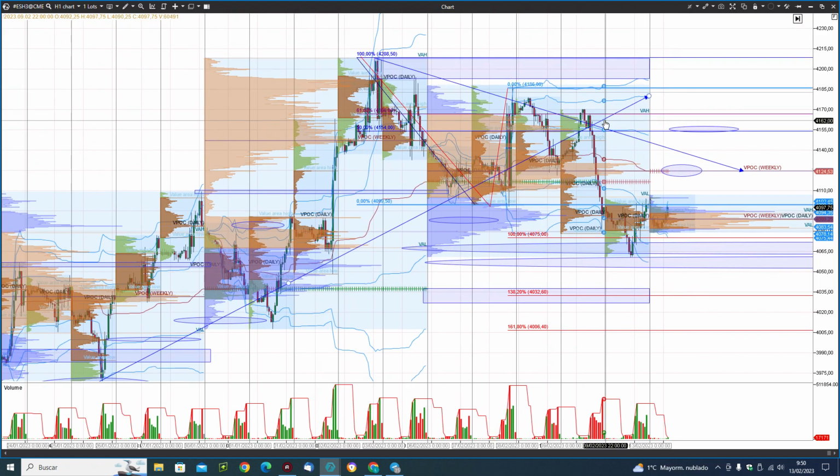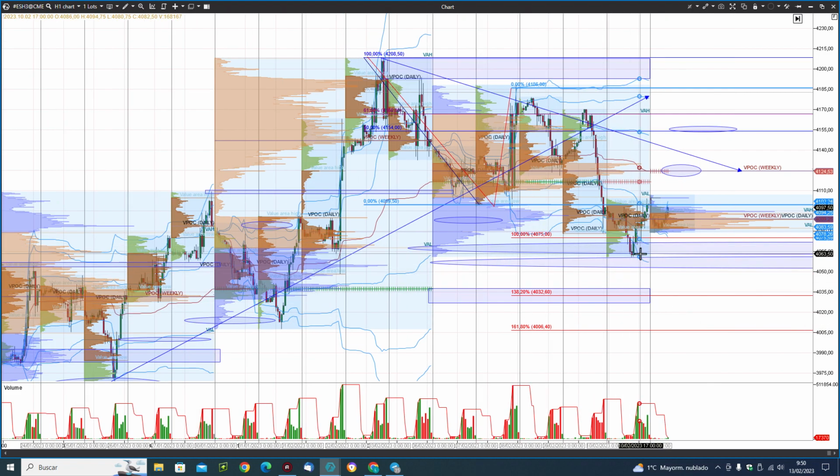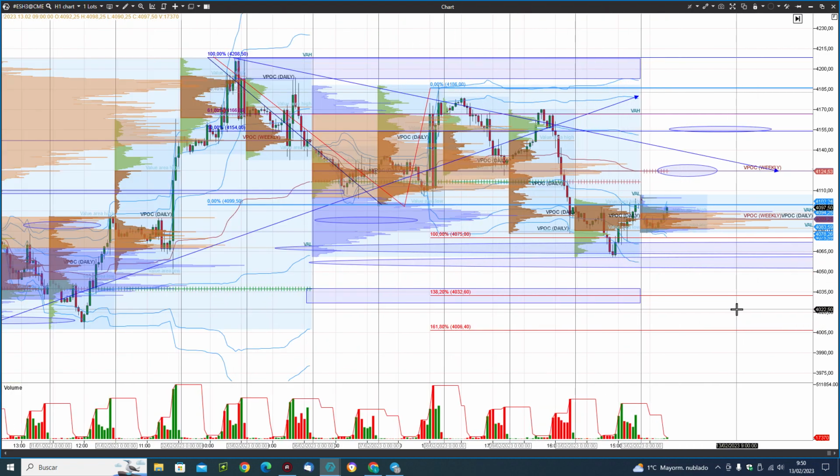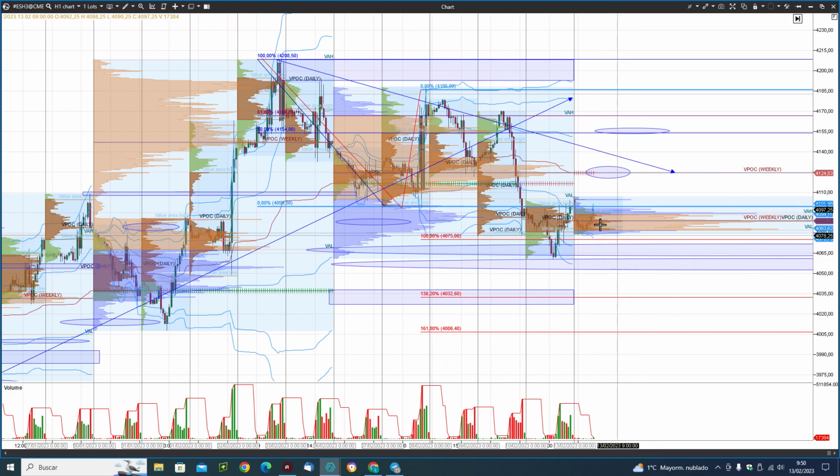Well, let's go with S&P. We have this wedge. It was broken, violent movement, as always happens when a cradle or a wedge is broken. And after touching these targets, we are in the lower zone of last week, even below the value area of last week.